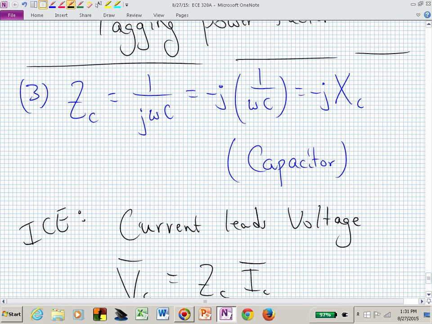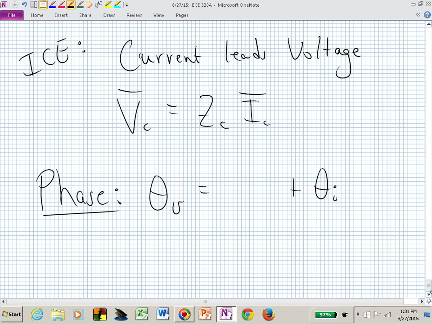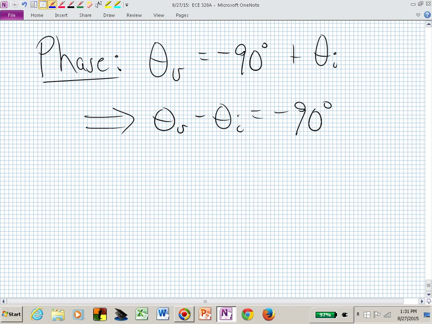So if we went j, then if we revert 180 degrees, that's now minus 90. The angle of that capacitor is now minus 90 degrees. Or theta sub V minus theta sub I is minus 90 degrees. I think you can see what's going to happen. What's P average?